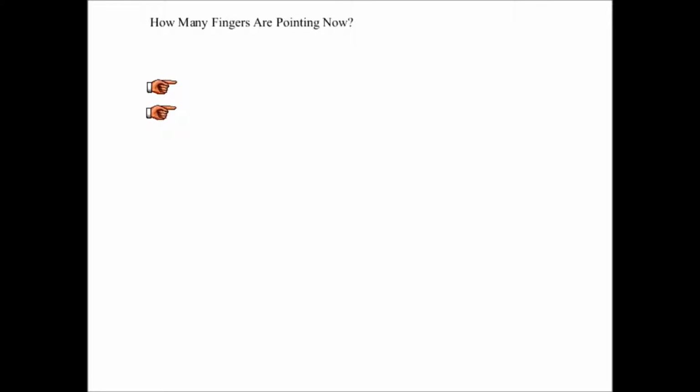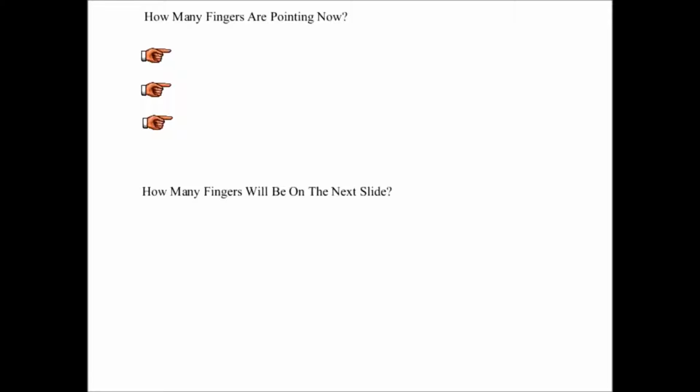Five is incorrect. The correct response is two. Dos is also acceptable. No, Caleb. Two. Two. All right. How about now? How many fingers do you see now? Three, right? Okay.